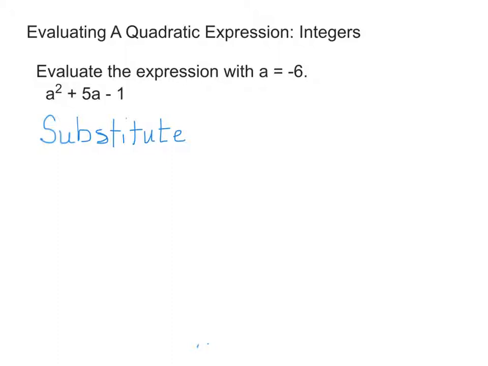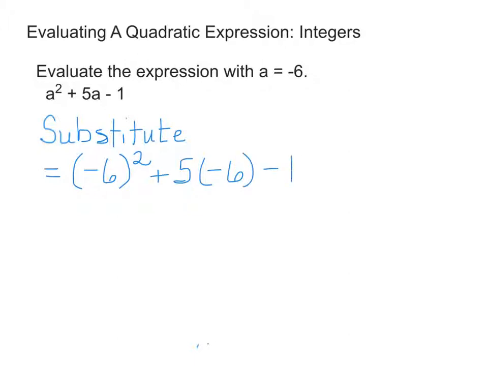So you should have open parentheses, negative 6, close the parentheses, squared, plus 5 times negative 6 minus 1.